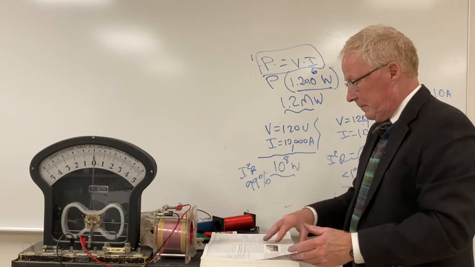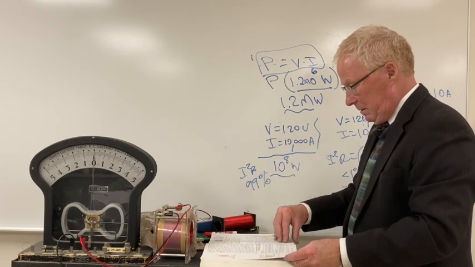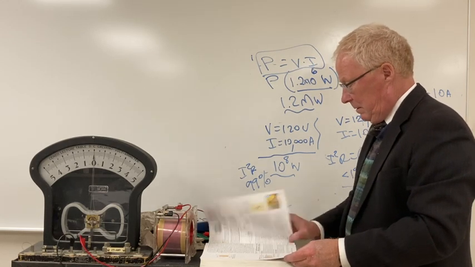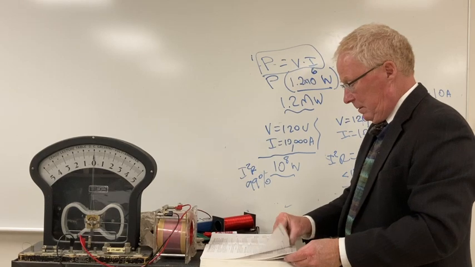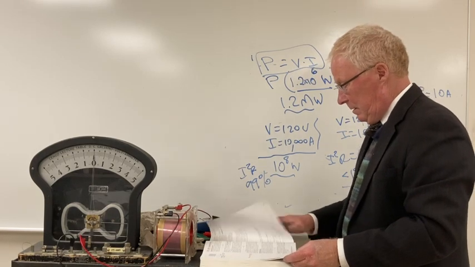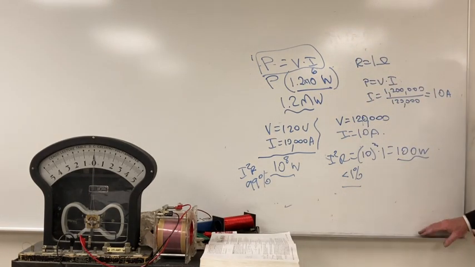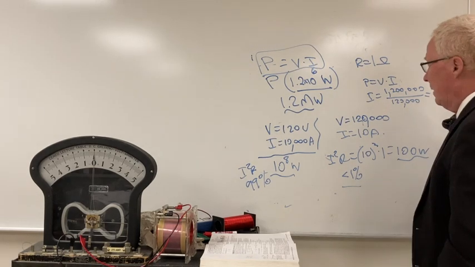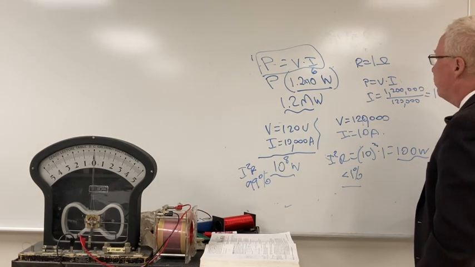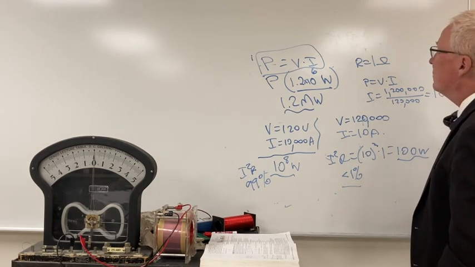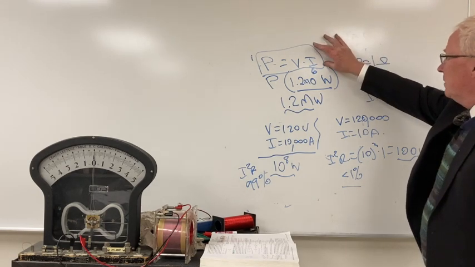And that is all I'm going to be doing for chapter 21. All right, there's other parts in there on inductance. We're not going to be doing that. Inductance is part of a more advanced course. So here's our power delivered.